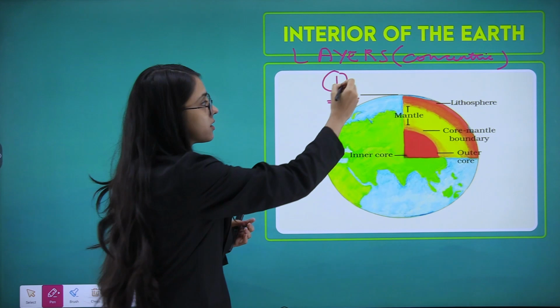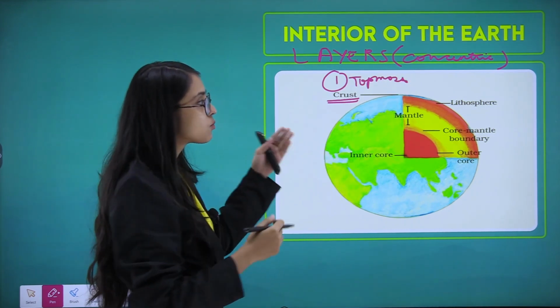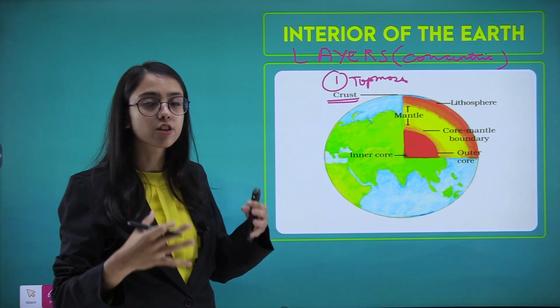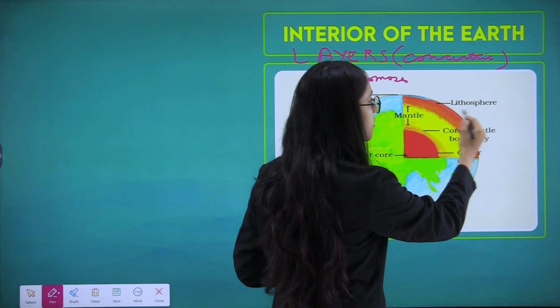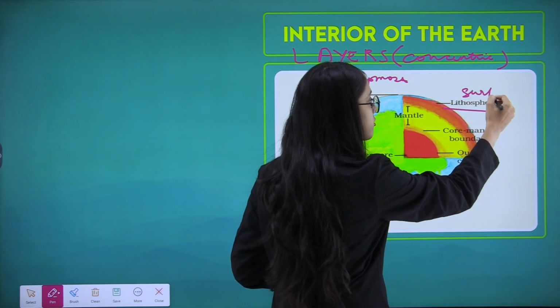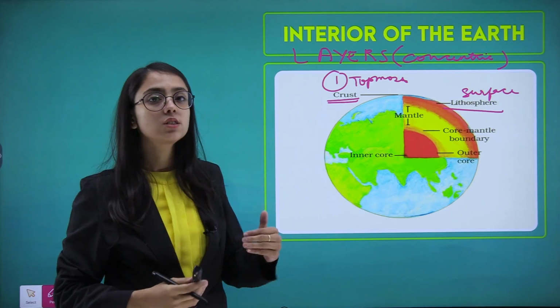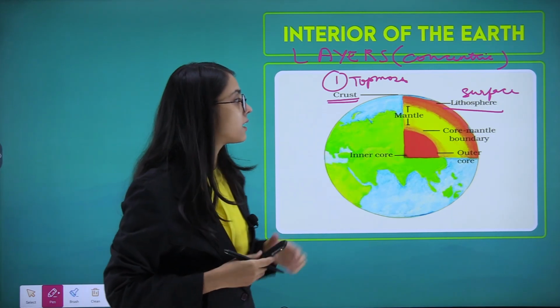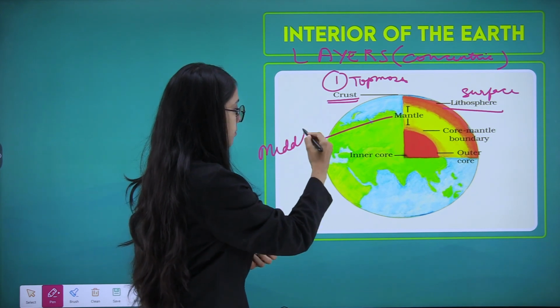Once we move below the crust, several kilometers below, we have the lithosphere, which also consists of the surface of the earth, and it is hard and rocky. Now, below the lithosphere, we have the mantle, which is the middle layer.